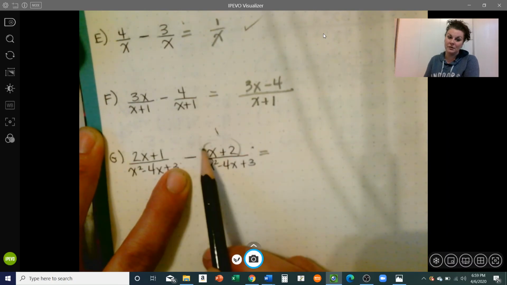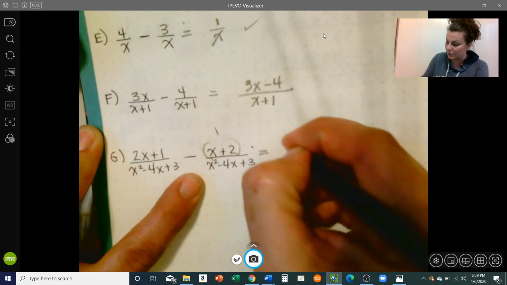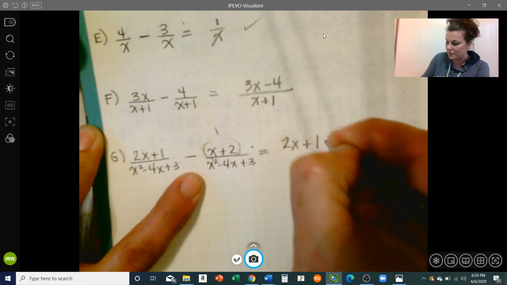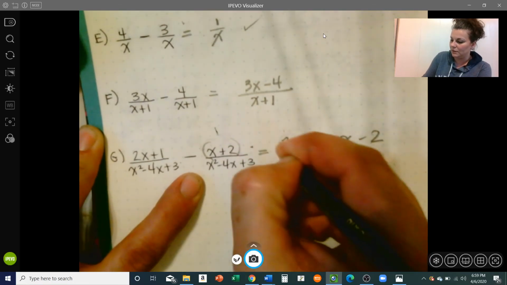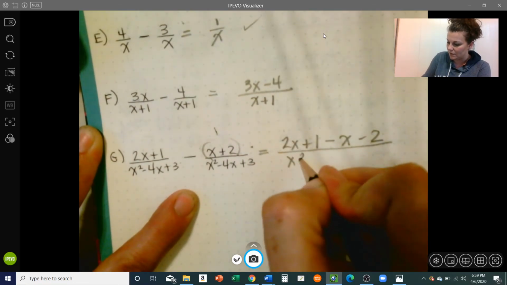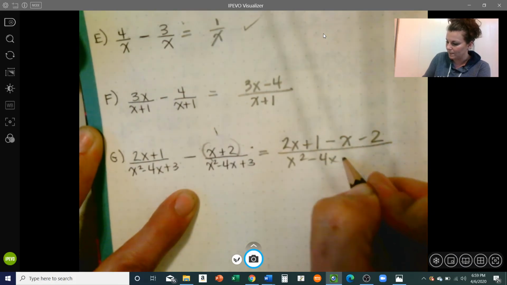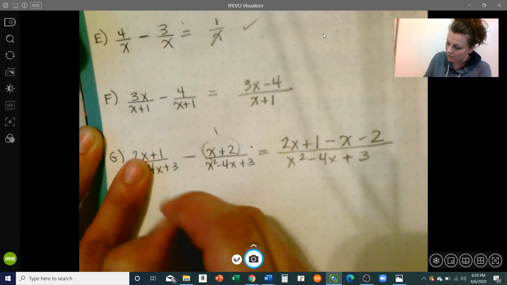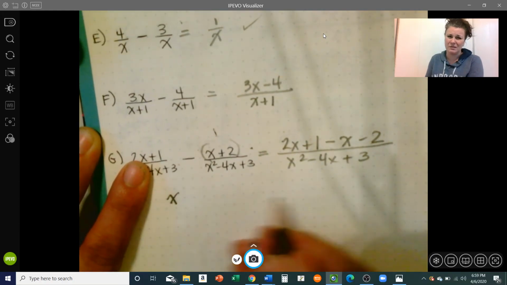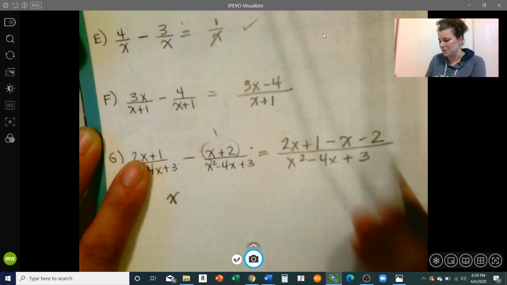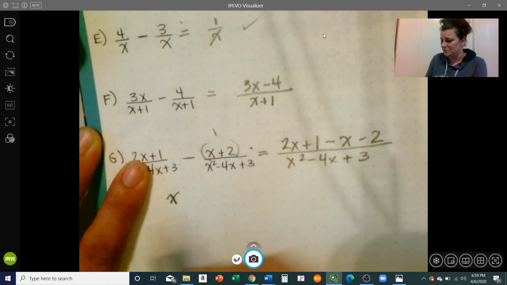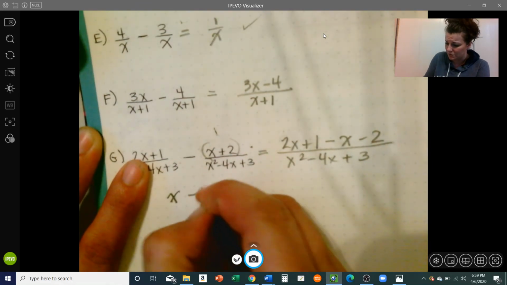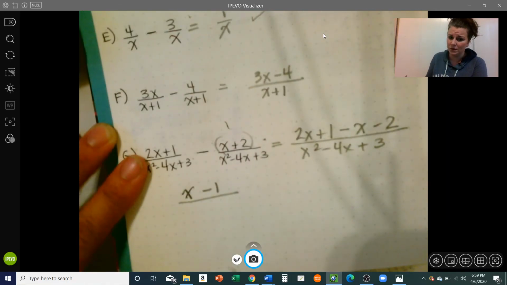So don't forget about that negative distributing through there. So it could help you to rewrite this like this so that you don't make that mistake. Okay? And then you can simplify it. Some of you will be able to do that without worrying about it, but it's a good thing to check. Okay, so that gives me x, and then 1 minus 2 is negative 1.